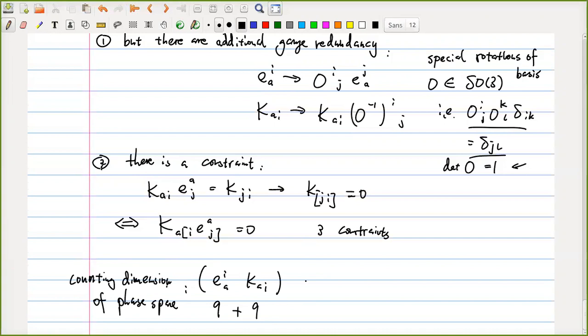Now you have 3 gauge transformations per point. Let me be more precise, times infinity. So you have 3 times infinity gauge transformations, and 3 times infinity constraints.